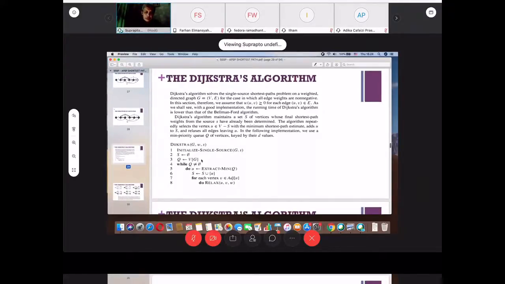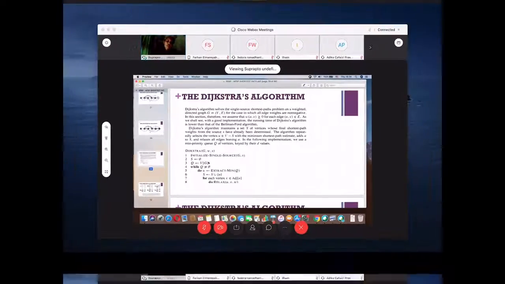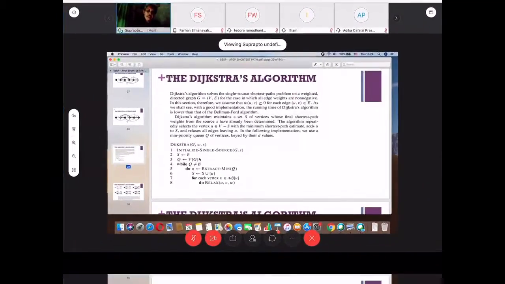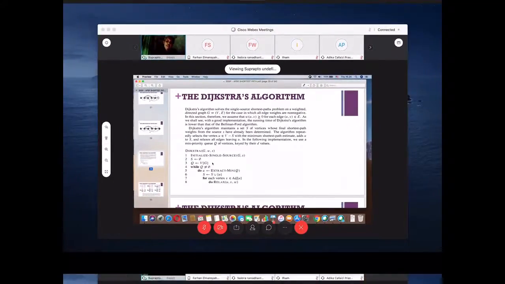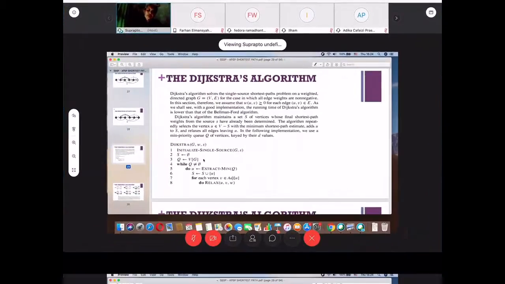Okay, all vertices in graph G are stored in a queue, right? They are inserted in the queue, including S. Remember that S has the shortest path estimate 0, and shortest path estimate 0 is just the priority.